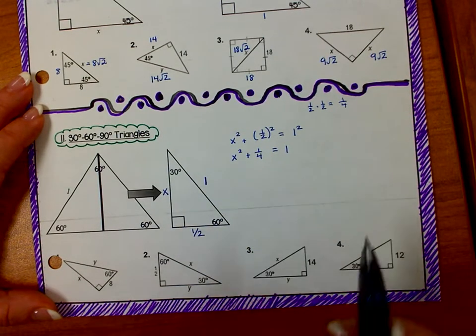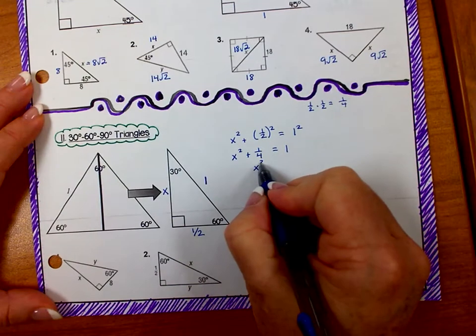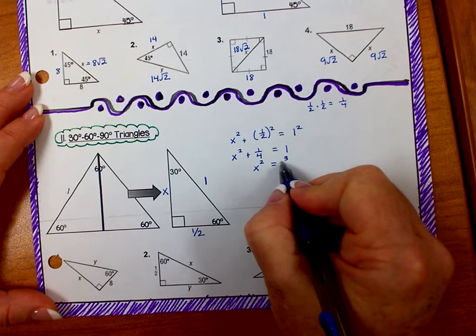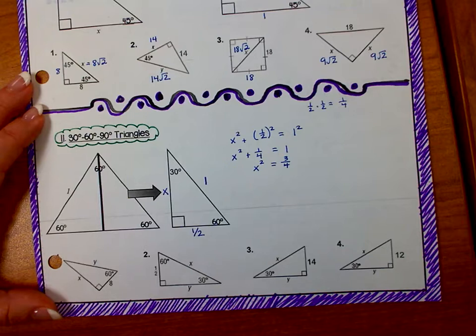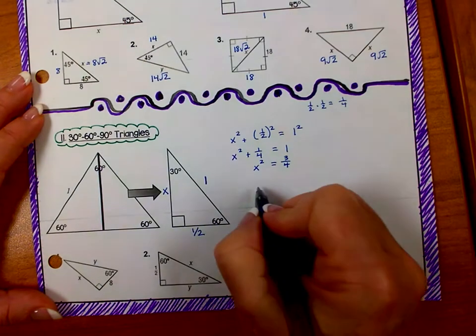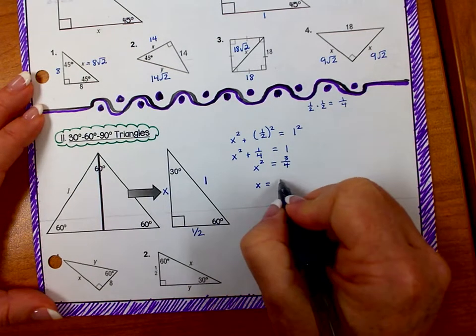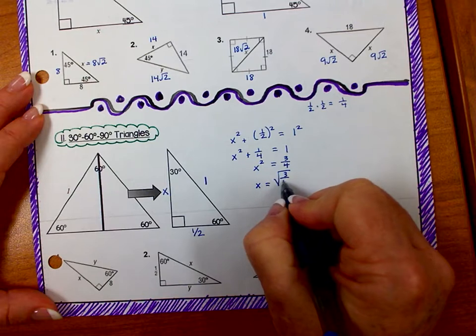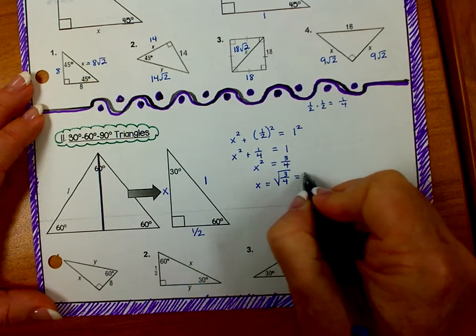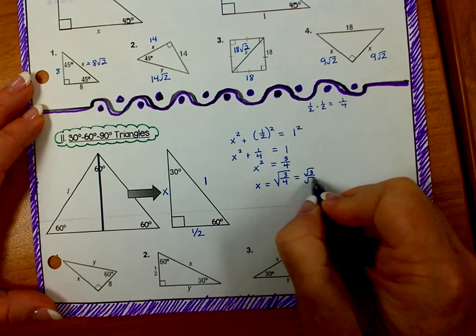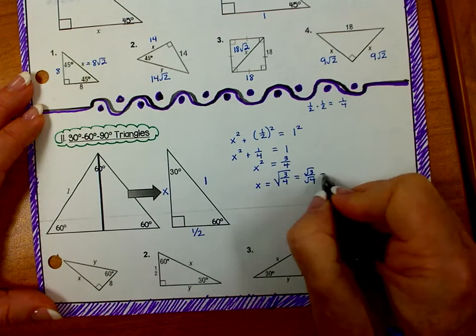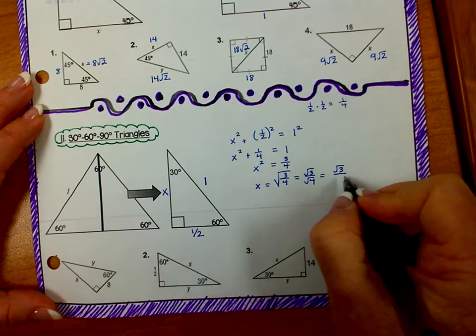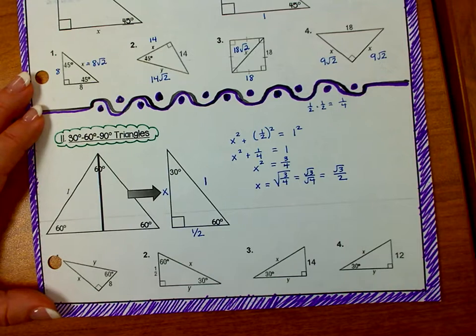Now we're going to subtract 1/4 from both sides, and x squared equals 3/4. And we're going to take the square root of both sides. So x is equal to the square root of 3/4, which is the same as radical 3 over radical 4, or radical 3 over 2.